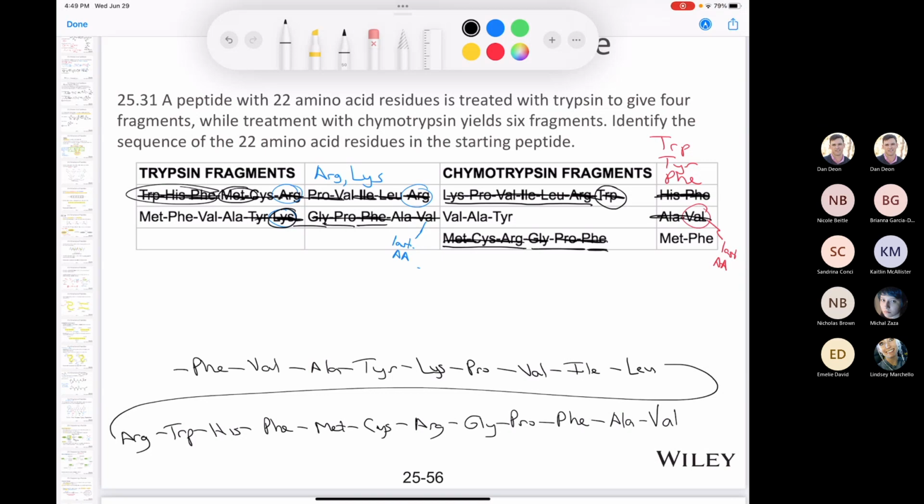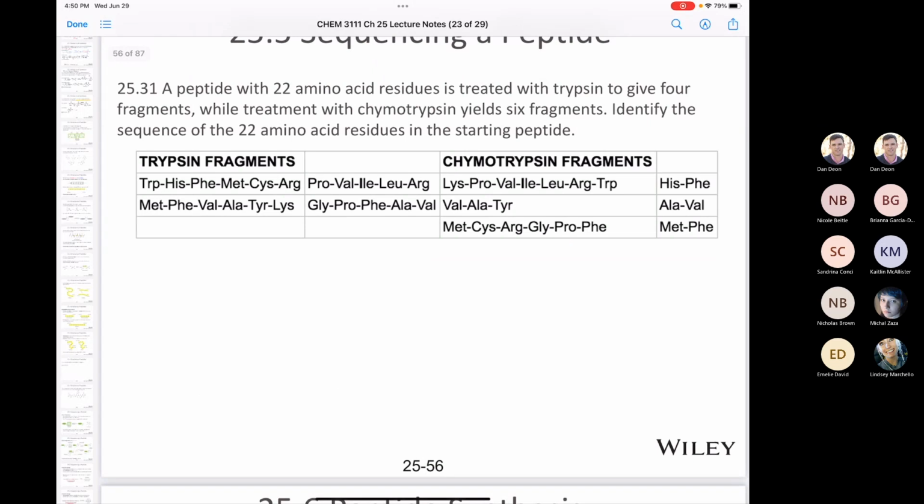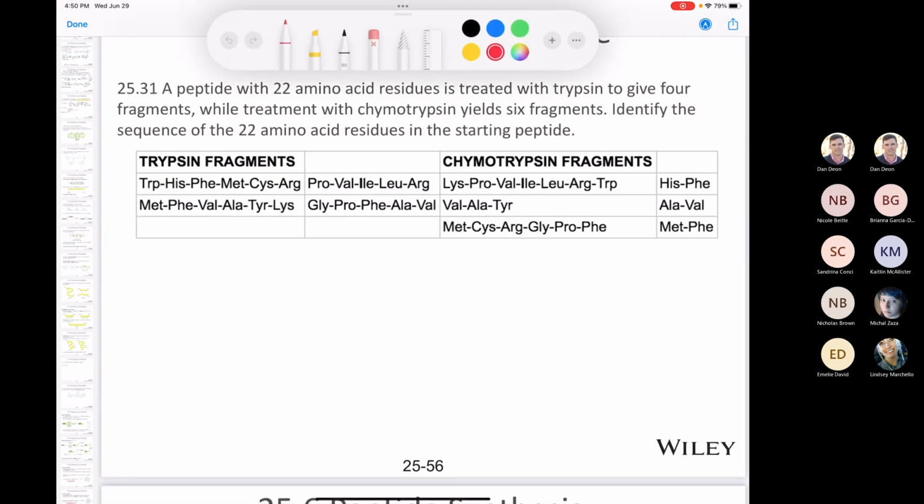And then we have methionine. Just like that. And there's the tyrosine, alanine, valine taken up over there. And the last two are these ones, the phenylalanine, methionine, and that's the whole thing. If you tally them all up, starting here, 1, 2, 3, 4, 5, 6, 7. Are you kidding me? Let me write that down again.